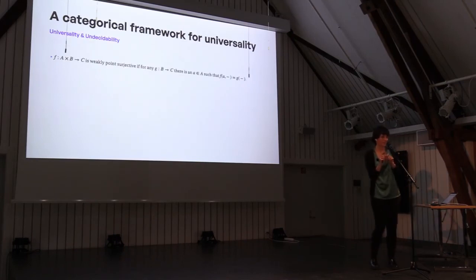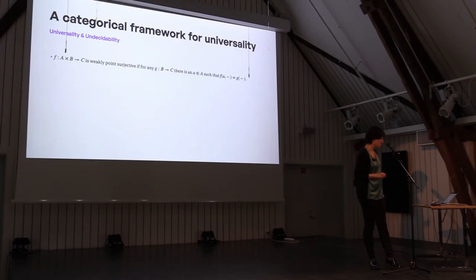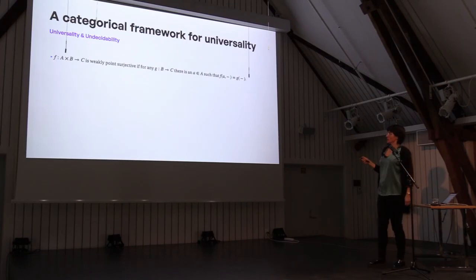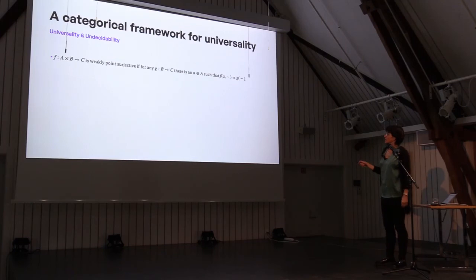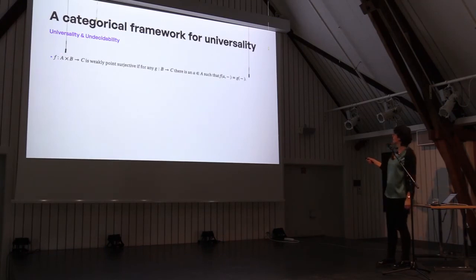Okay, now I'll try to make the relation to undecidability a little bit precise. I need a little definition here. Take a map from A cross B to C. In principle, this is in category theory, and these are objects in the category, but this is not so important now. We say that such a map f is weakly point surjective if for any g that goes from B to C, there is an A in the first factor such that f of A, running over all inputs B, equals g running over all inputs.